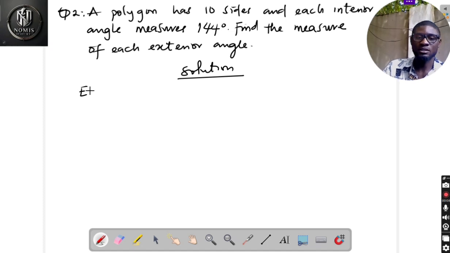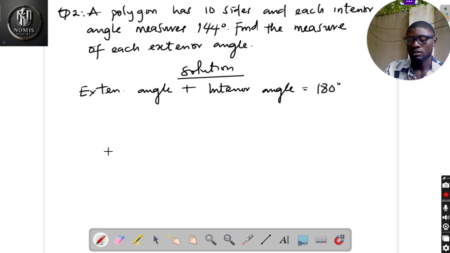We say that exterior angle plus interior angle is equal to 180 degrees.